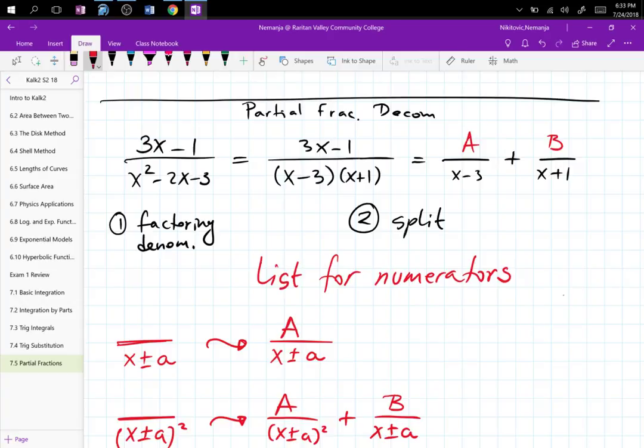If you have a quadratic, you will be using linear on top. So now, once I have that, I go and I solve it. Now I can add those, do the algebra, and then compare whatever I have here with whatever the original one is and figure out what A and B are. Which we already know what they are because we started by knowing, but we want to get those.